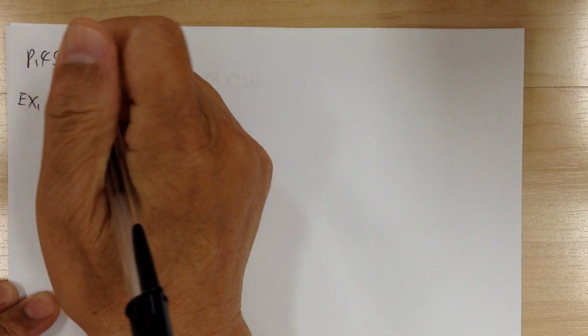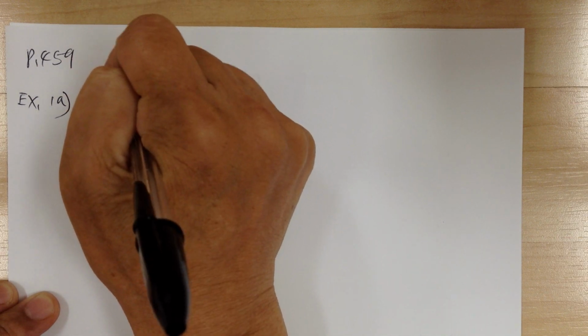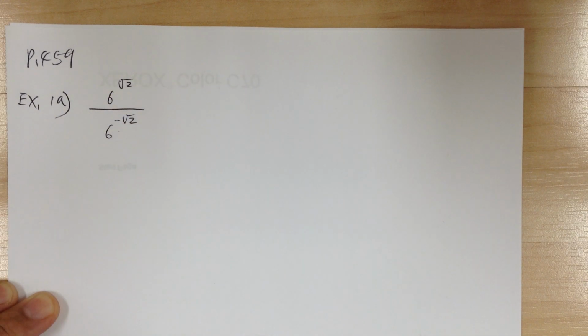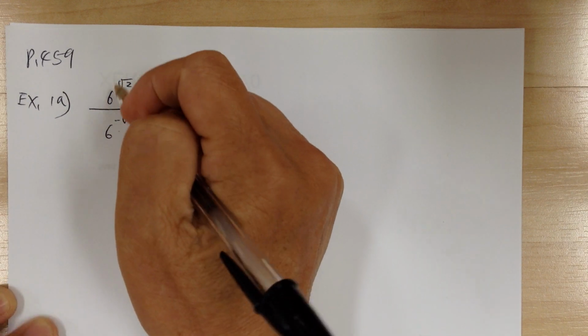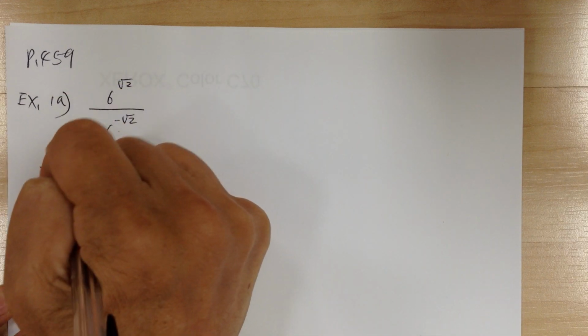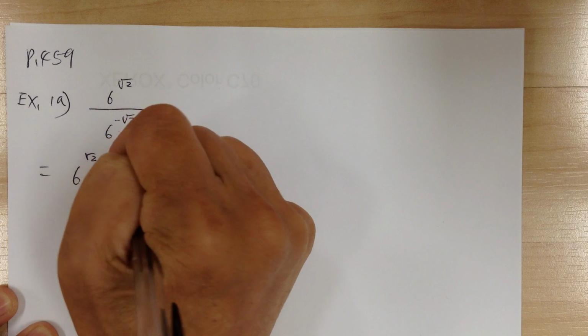On page 460, example 1a, you have 6 to the square root of 2 over 6 to the negative square root of 2. So this is division, and for division you use the quotient rule, so you have to subtract. You're going to get 6 to the square root of 2 minus negative square root of 2.